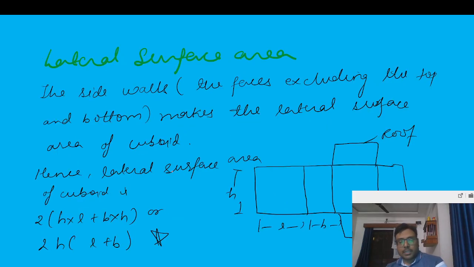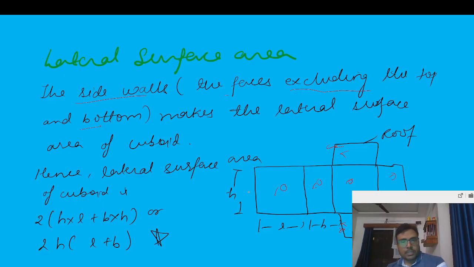Now what is the lateral surface area? Again you open in this fashion only, and you remove the top and bottom part. It is the side walls, the faces excluding the top and bottom. Not this, not this, the rest makes the lateral surface area of cuboid. So area of this plus this plus this plus this. This and this will be the same, and this and this will be the same.